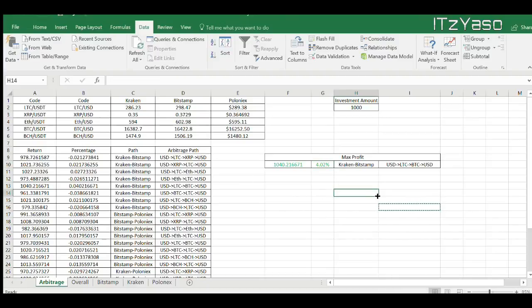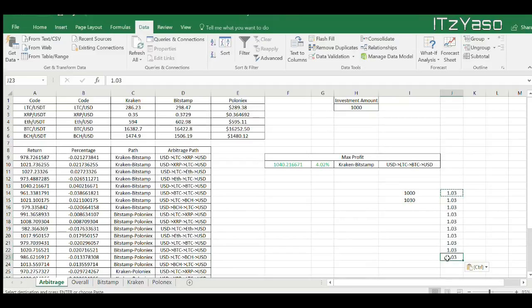So when you have a 2 to 3% return by doing all these arbitrage transactions, and you have an initial investment of $1,000, you can expect to see, let me run some quick math here.